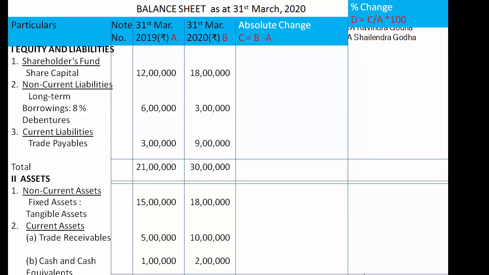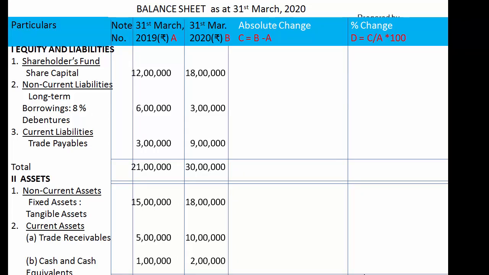And the last column is percentage change, denoted by D, calculated as C divided by A into 100, meaning absolute change divided by data of the previous year into 100.